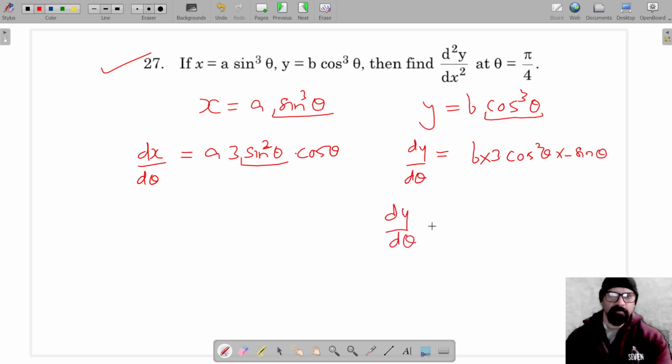So this is dy by d theta, which is negative 3b cos square theta into sine theta.